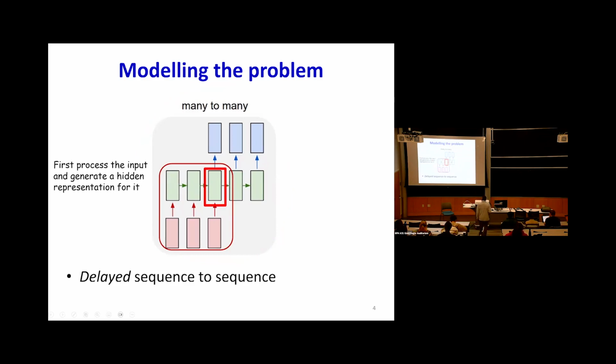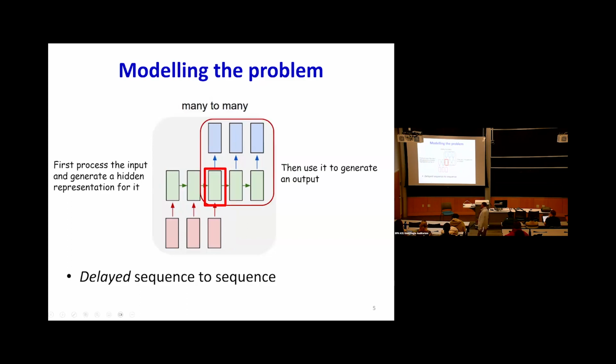The first one processes the input to generate a hidden representation for it. When the entire input has been processed, the final hidden state captures all the information about the input. Subsequently, the second component uses this final hidden state as an initialization to generate the output.